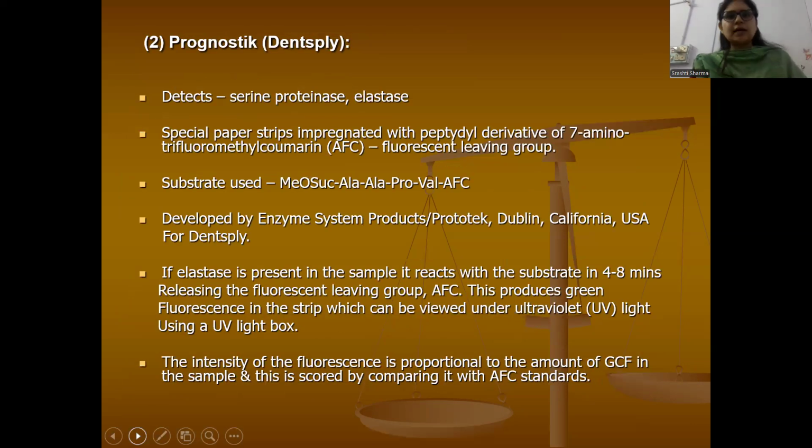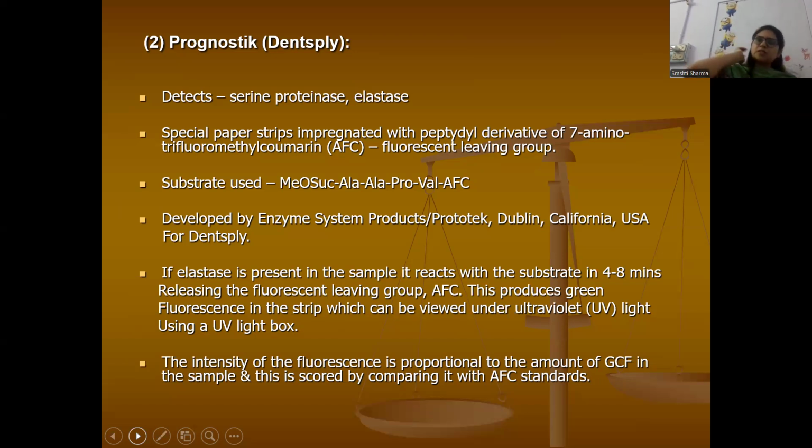Prognostic, that is Dentsply, it detects serine proteinases or elastases. Special paper strips impregnated with peptidyl derivative of 7-amino-4-trifluoromethylcoumarin, that is the fluorescent leaving group. Substrate used is this one. It is developed by Enzyme System Products, which is in Dublin, California.